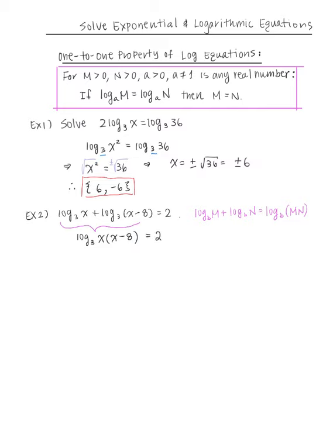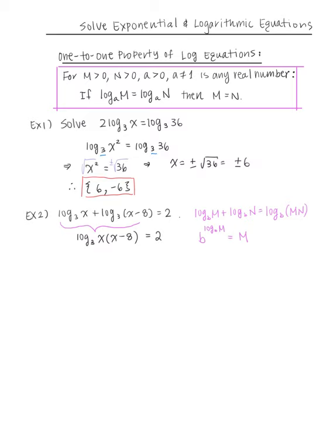Now what do we do? Let's recall this property: b to the log base b of m equals m. You can think of it as, if the big base b and log base b are the same, then they cancel each other out. So let's raise both sides on top of 3.